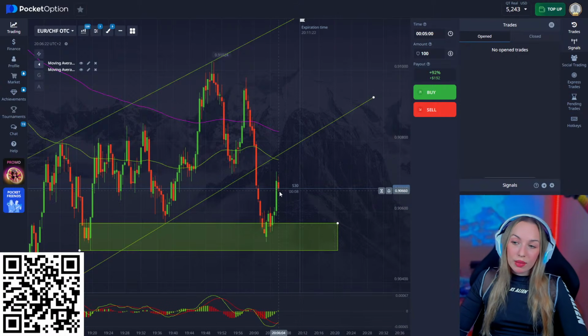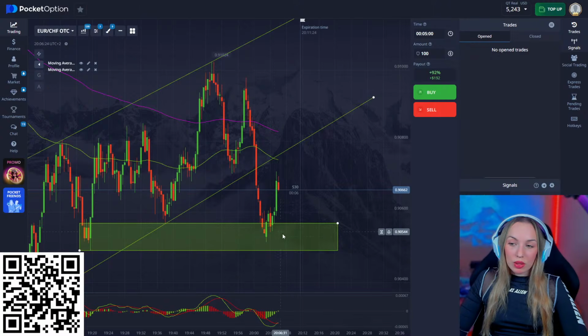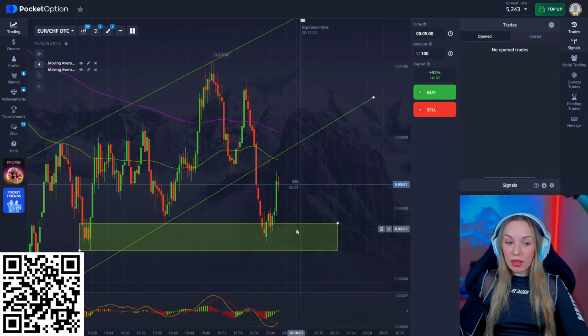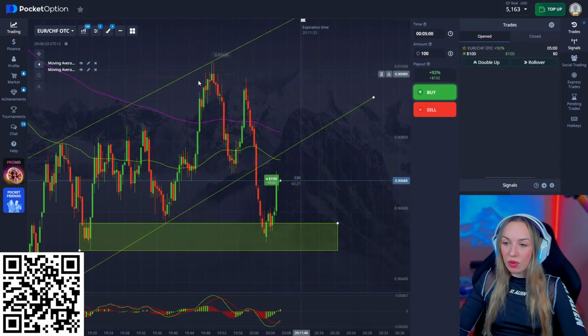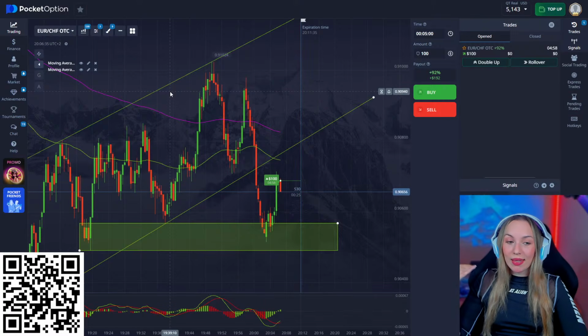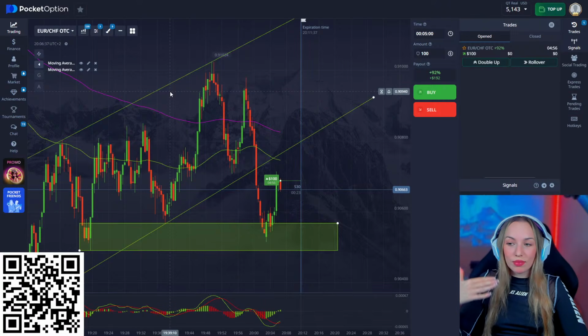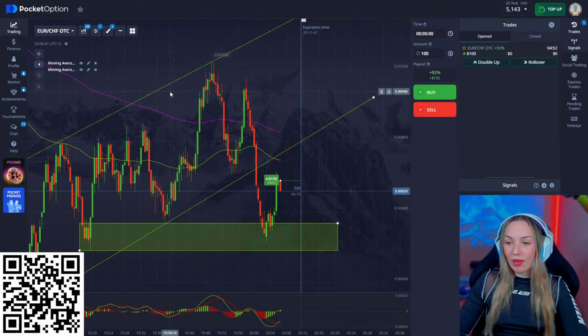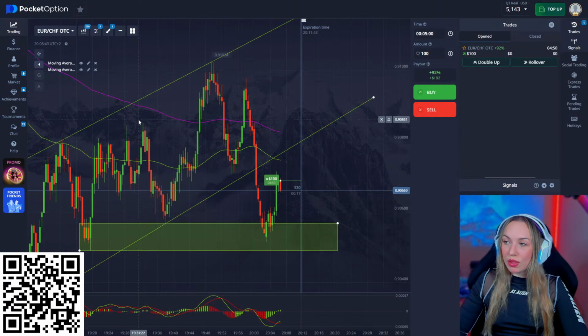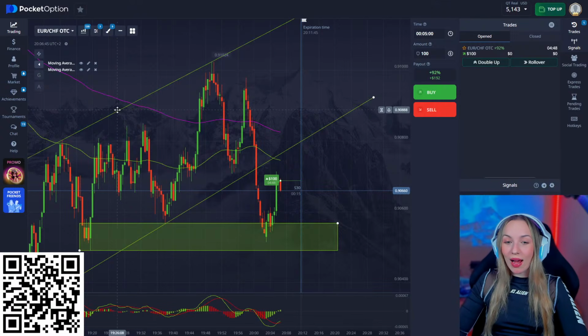But if it's red, that means that maybe our price will try again to touch the support, or maybe it will get stuck next to the support. It happens very frequently when the price can't overcome this or that zone, support or resistance line. But as you can see, I already entered for 5 minutes in the upward direction with $100.